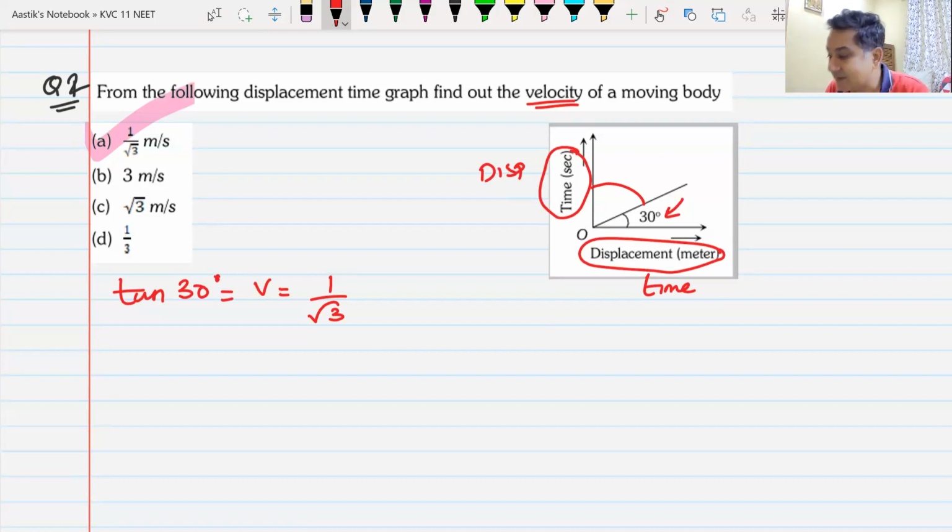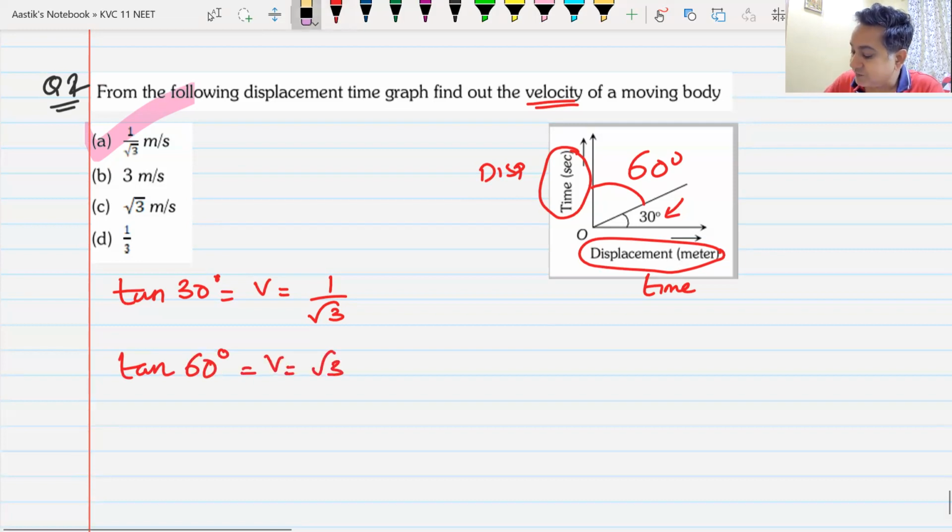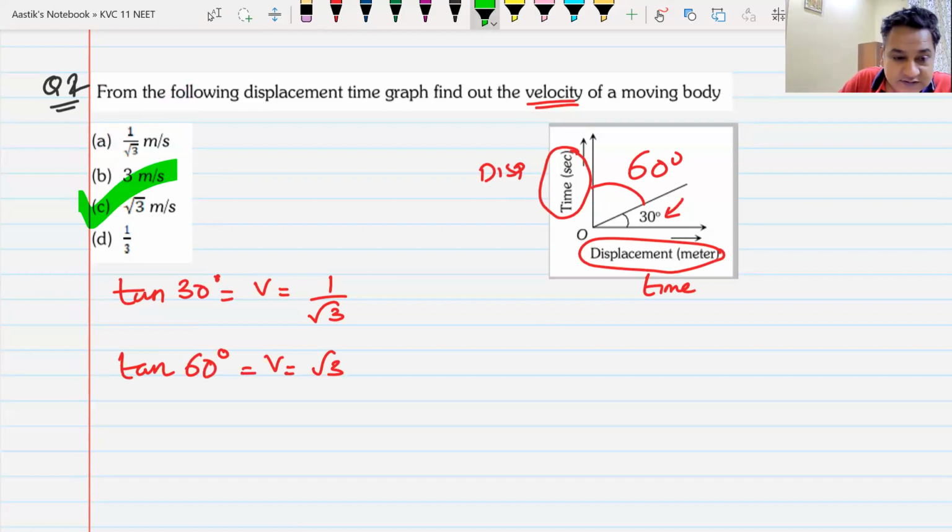Angle with the time axis, not with the displacement axis. Angle with the time axis would be 60 degrees. So the correct answer is tan of 60. Root 3, sir. Option C. Tan of 60, which is root 3. So my dear friends, this is not the correct answer. This is the correct answer. I hope you understand this.